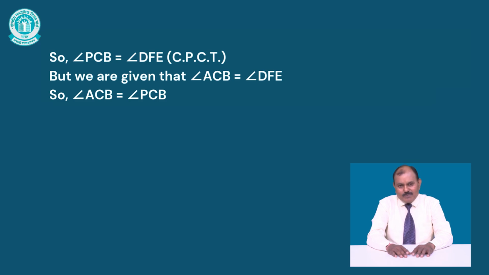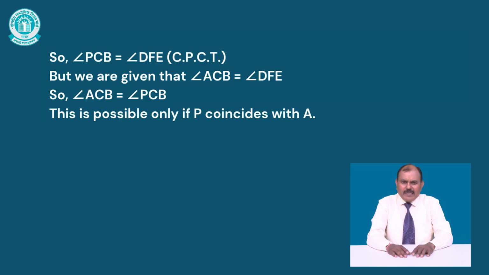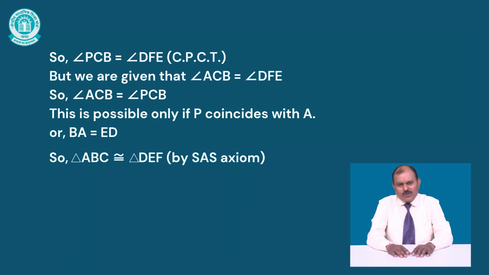Is this possible? This is possible only if P coincides with A, or BA equals ED. So, by SAS axiom, triangle ABC is congruent to triangle DEF is proved again.